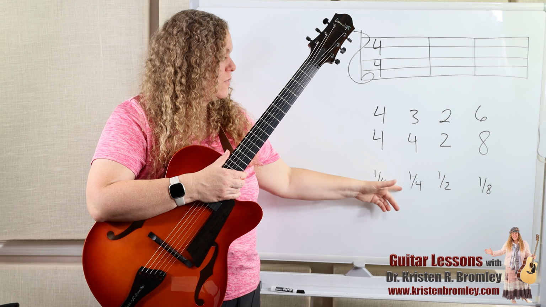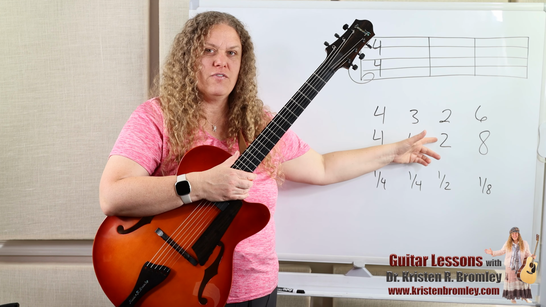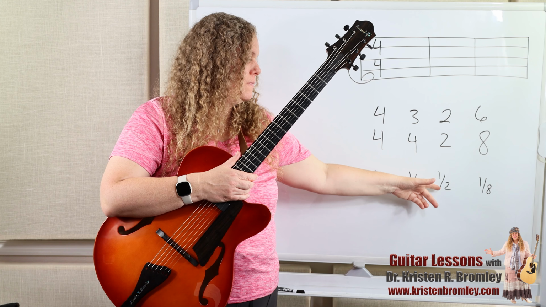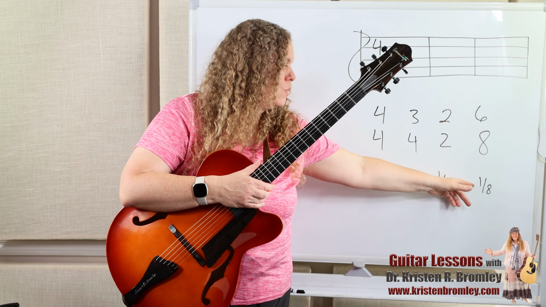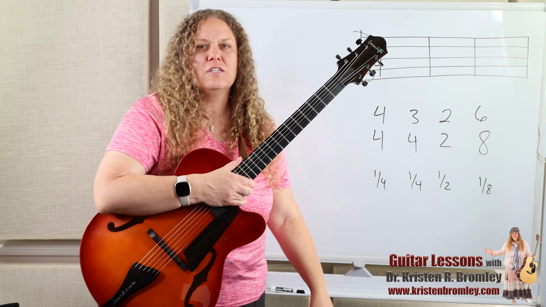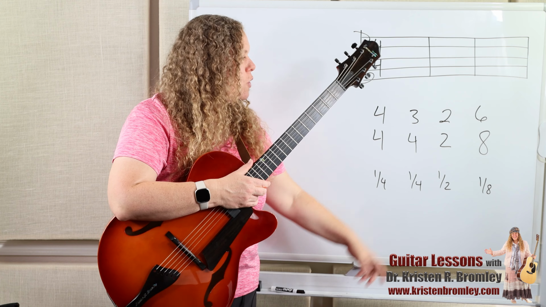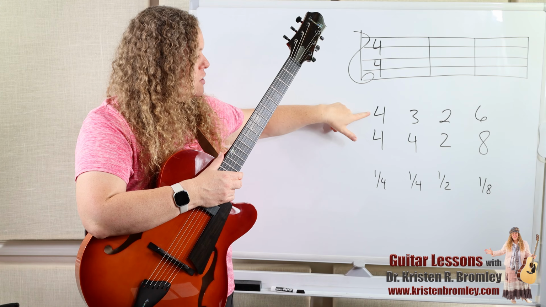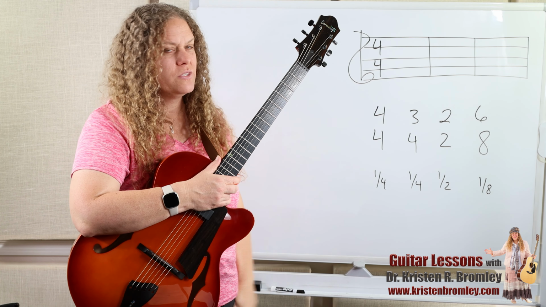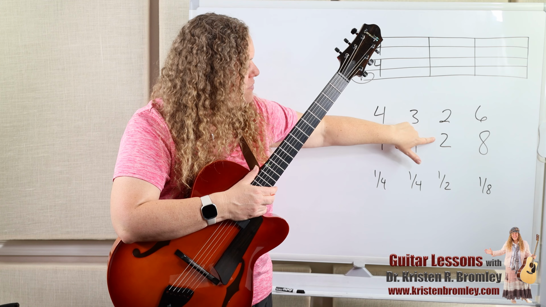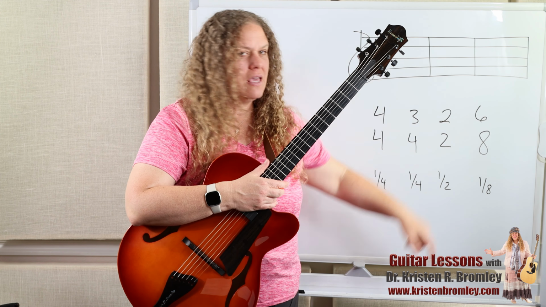And again, we've got another quarter note. 1/2 for the one at the bottom of this example tells us we're talking half notes here. And then 1/8 is telling us, that 8's telling us we're talking eighth notes. So up above, we have in this case 4 quarter notes. In this case, 3 quarter notes. In this case, 2 half notes, and in this case, 6 eighth notes.